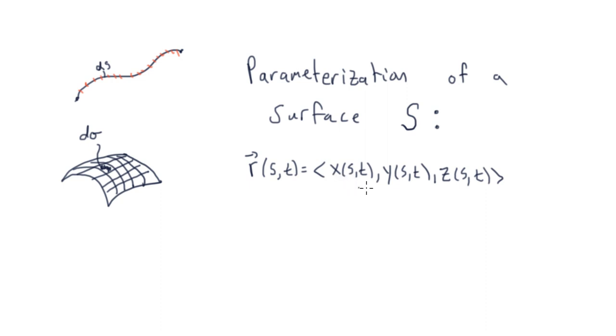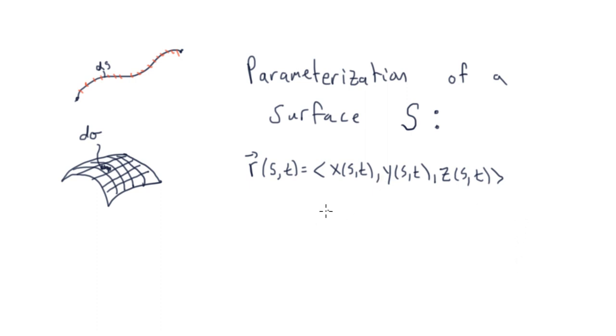And again, we'll assume that these component functions have continuous partial derivatives. Notice that we really need to specify partial derivatives because all of the component functions are functions of more than one variable, of two variables specifically.